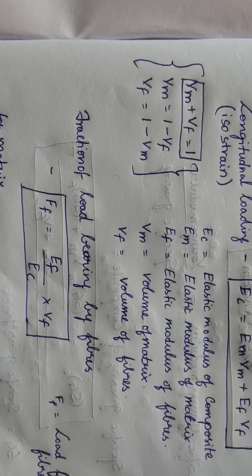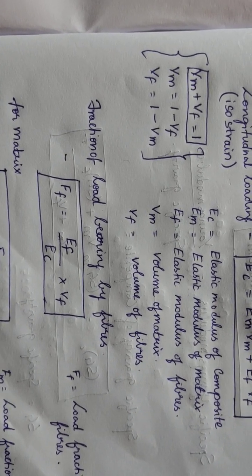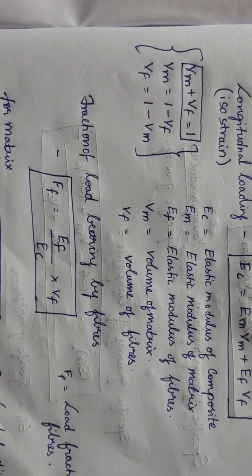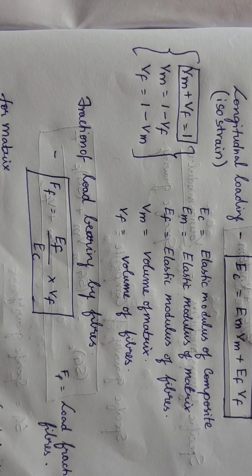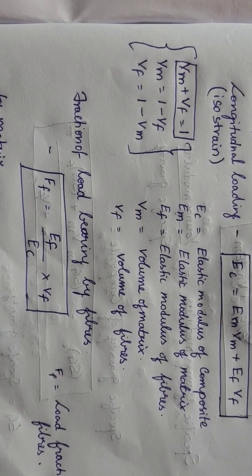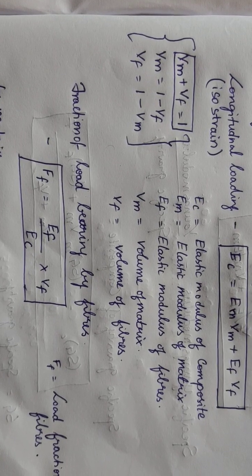In the same longitudinal loading conditions, we have another formula: the fraction of load borne by the fibers. When we load a composite longitudinally, the fraction of load borne by the fibers can be calculated by the formula below.